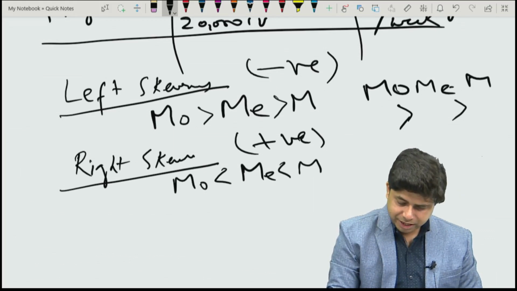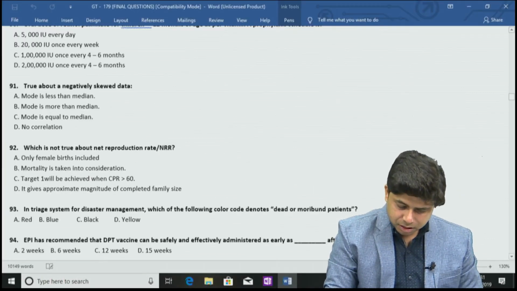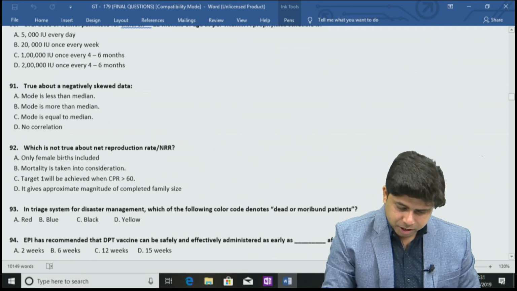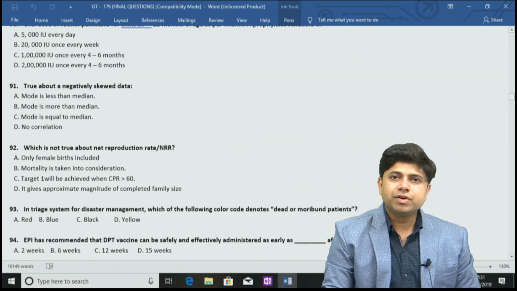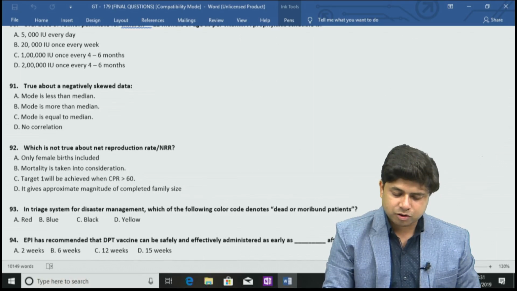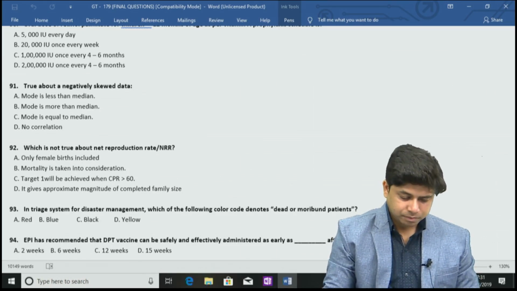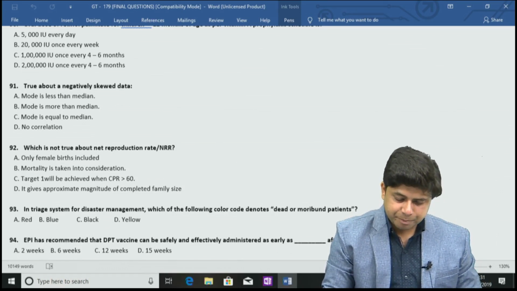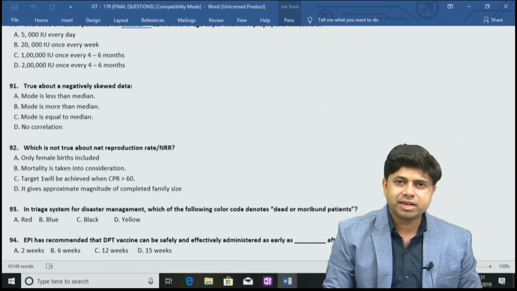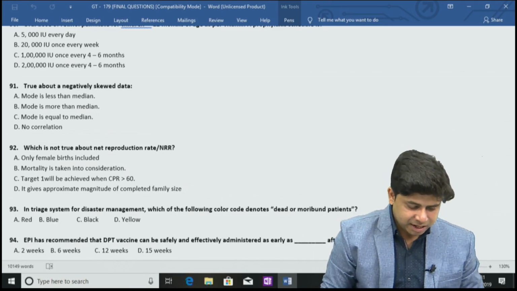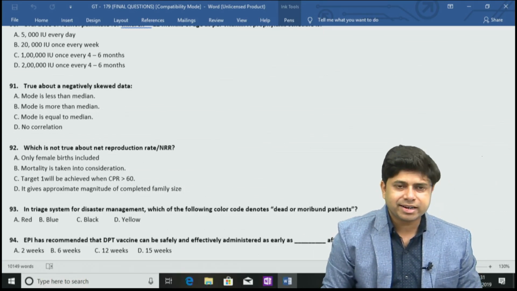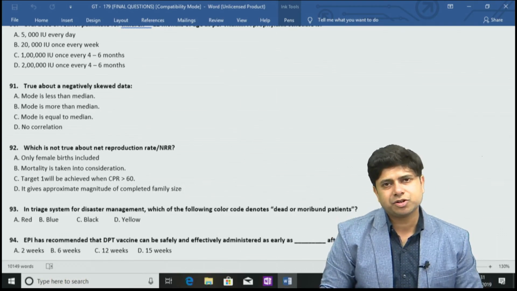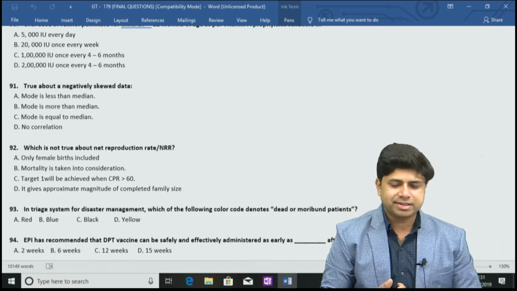So let's go to the next question, question number 92, which is not true about net reproduction rate, NRR. Okay, so the answer is it gives approximate magnitude of completed family size. Completed family size, it does not give. Total fertility rate gives the approximate magnitude of the completed family size.